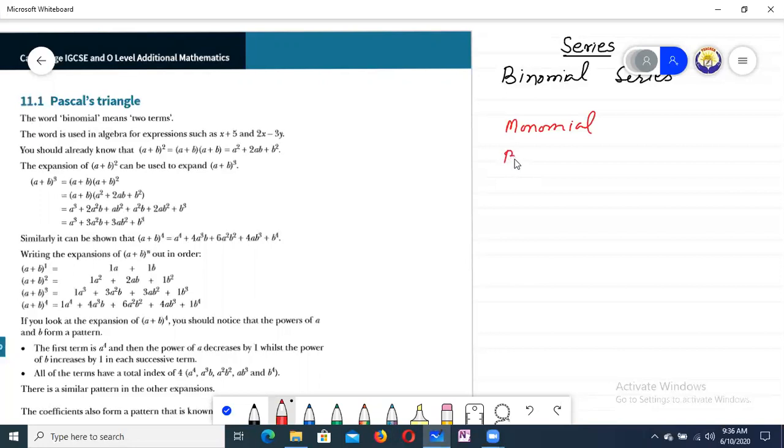An algebraic expression having two terms is called a binomial. An algebraic expression having three terms is called a trinomial. All these are kinds of polynomial: having one term, two terms, and three terms, all are polynomials.